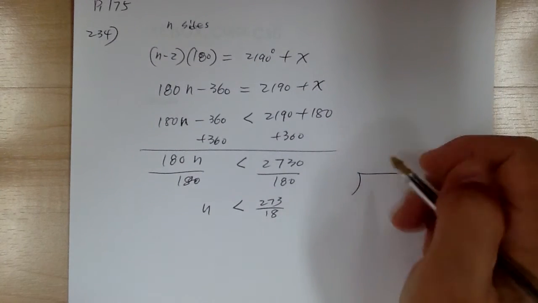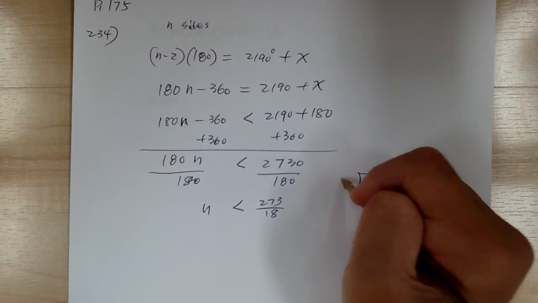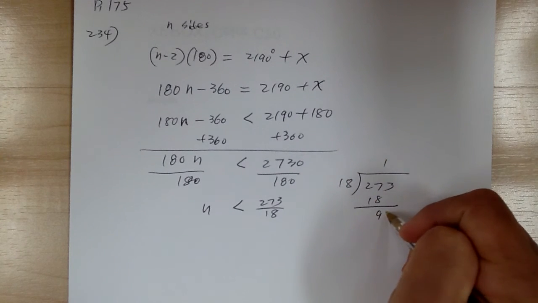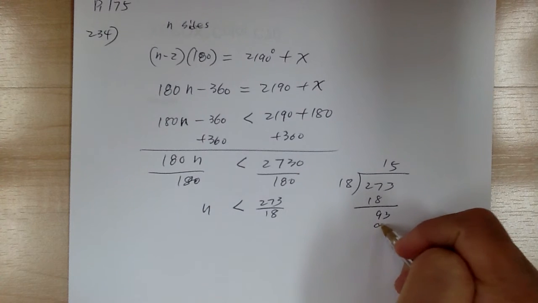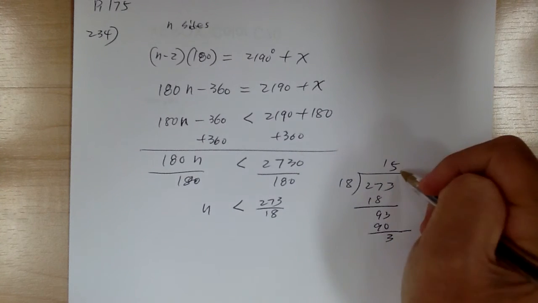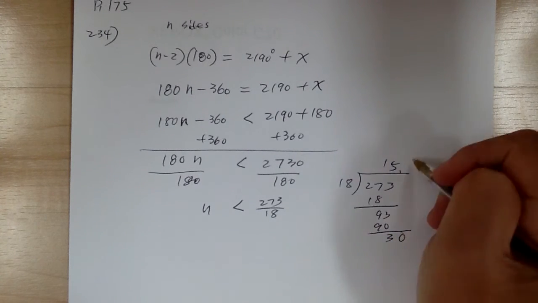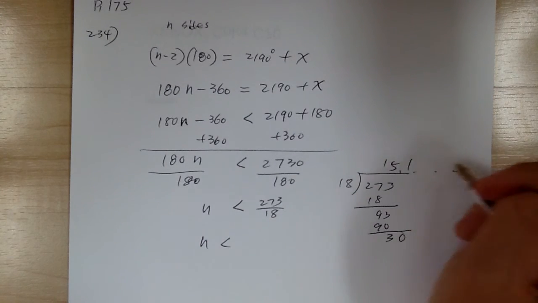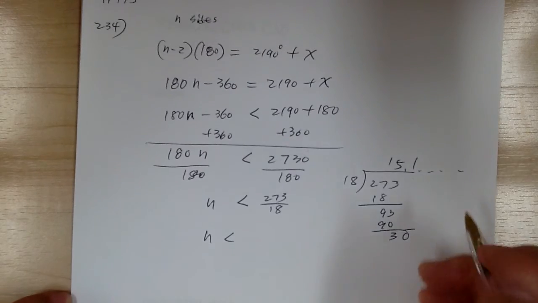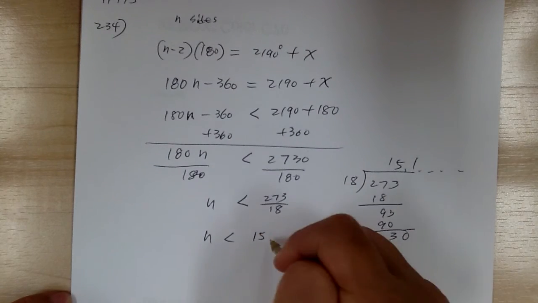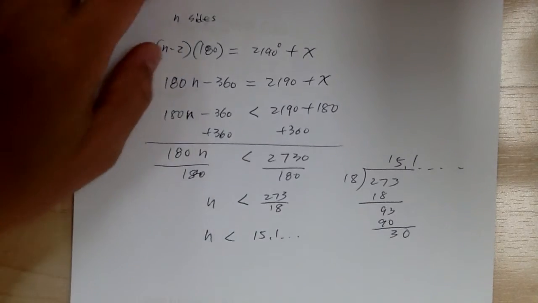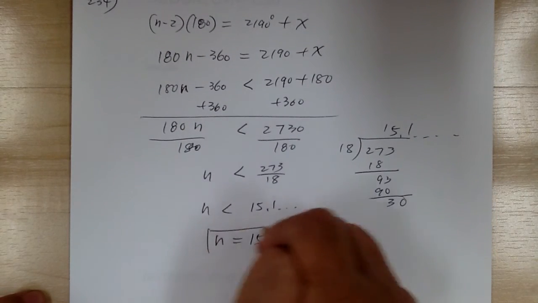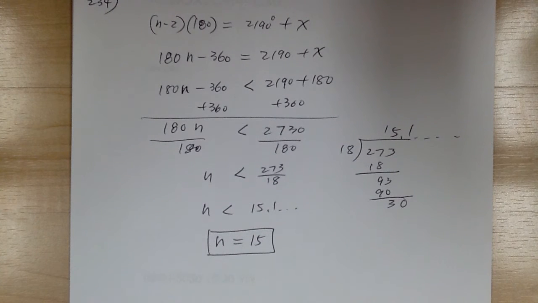We can do a long division very quickly. This is about 15.1 dot dot dot something, and you don't care what goes after that. Therefore n has to equal 15. And that's it.